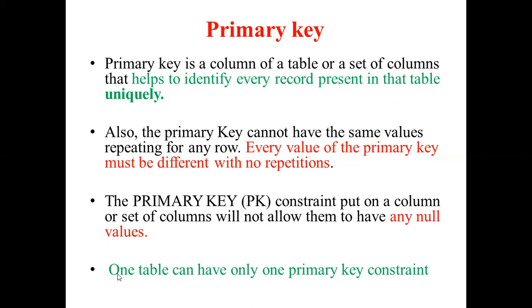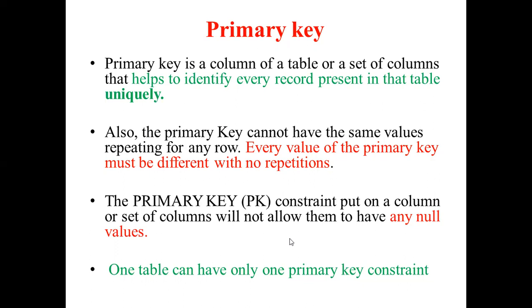And the last very important condition is that one table can have only one primary key constraint. Though different columns can satisfy both of these conditions, only one of them can be considered as a primary key. It depends on the requirement of the programmer which one is called the primary key.